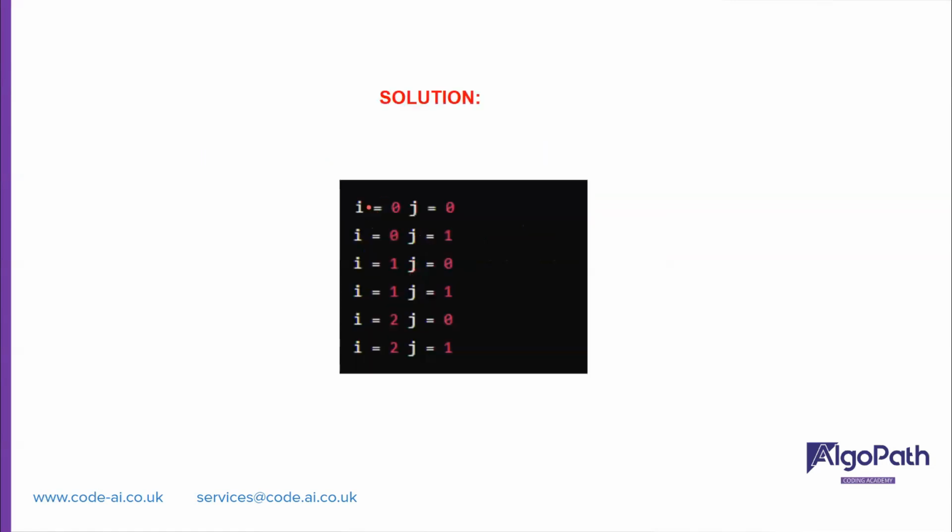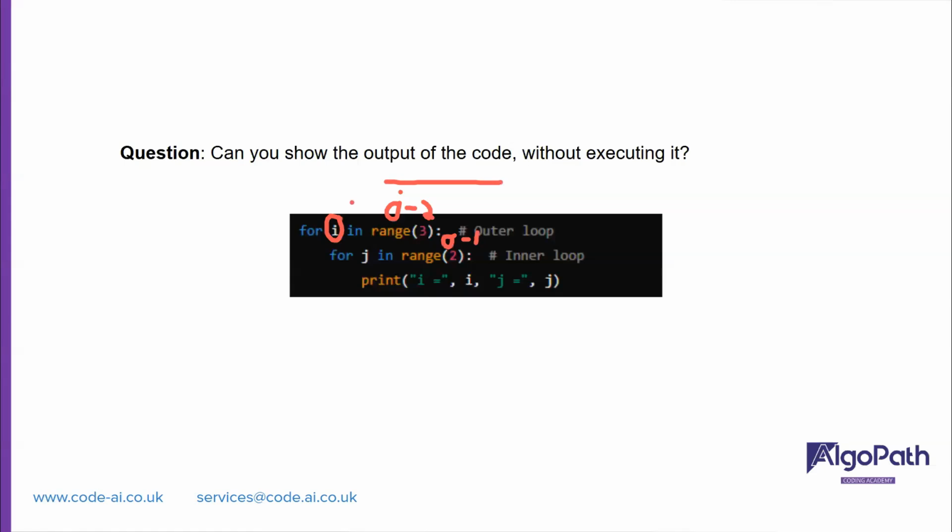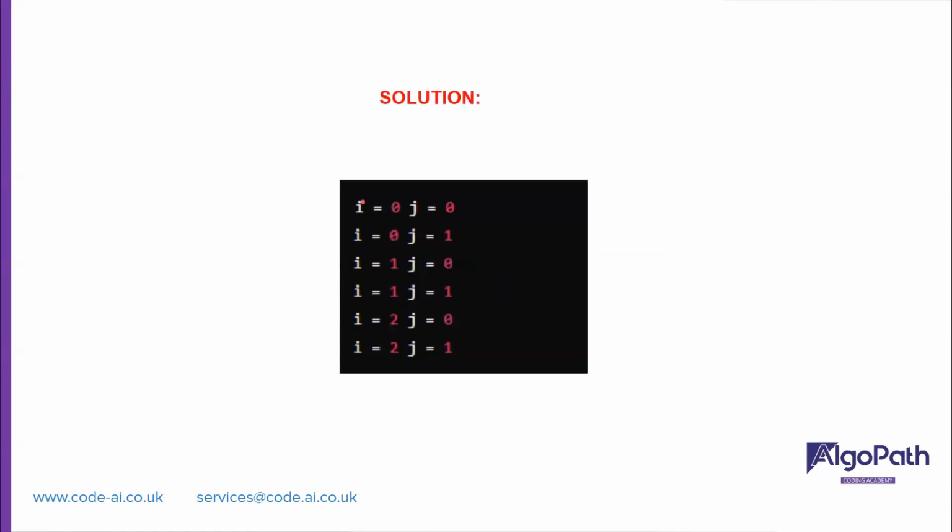And here is a solution, as can be expected. Because the inner loop has 0 and 1, that essentially is going to loop around twice. And we can see here that it loops around twice. So for each iteration of the outer loop, which is this one, the loop runs twice.